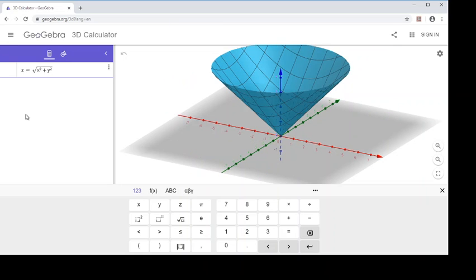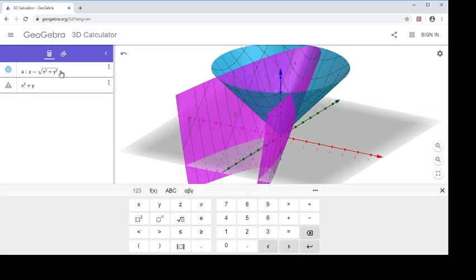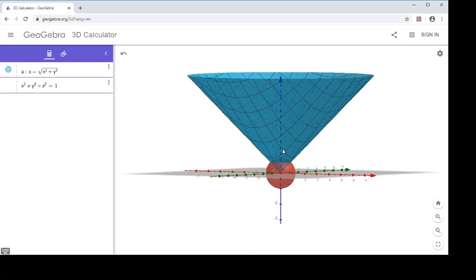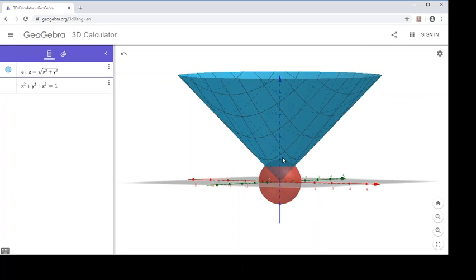And that gives us this cone. Very nice. And let's also type in the sphere. X squared plus y squared plus z squared equals 1. Alrighty. So we can see here now, in red is the sphere, and in blue is this cone.